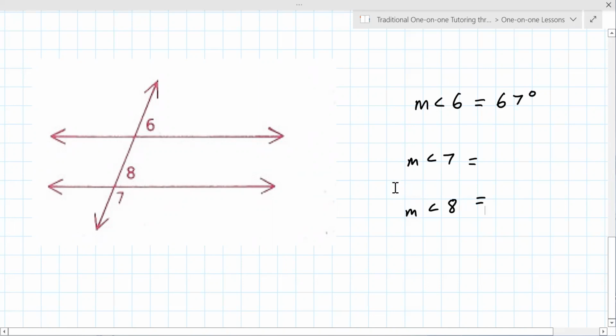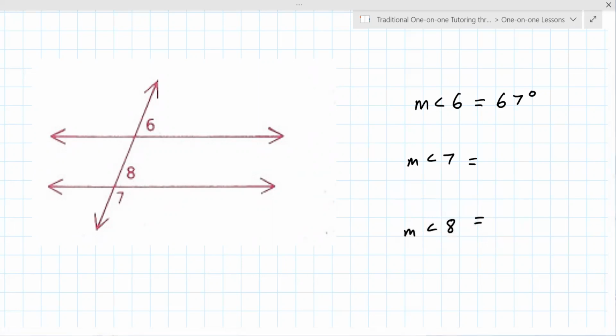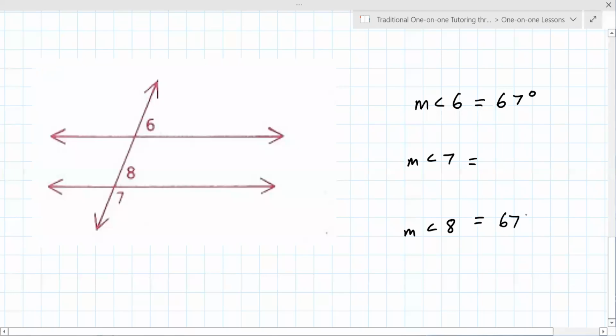Yes. Is 8 67 as well? So the answer is yes, but you're not going to get a question like this. Here's what I want to know: why? What is the reason that they are equal?